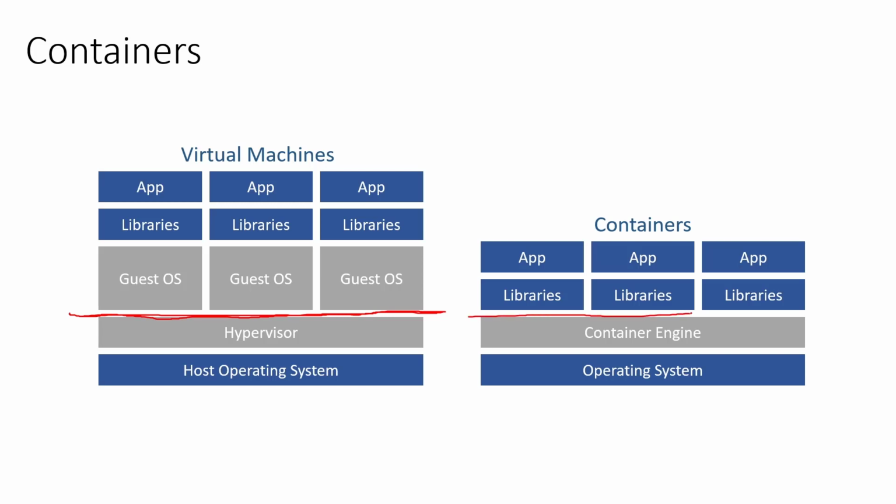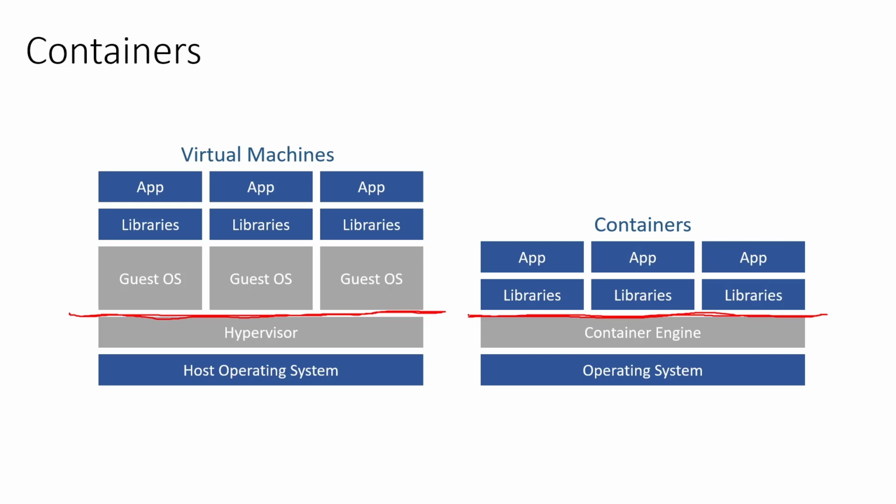So instead of virtual hardware, you basically get a virtualized kernel experience, and therefore you don't have to have a guest operating system. The trade-off with a container is basically that containers are bound to the operating system that is hosting them. So there's an operating system affinity associated with containers.